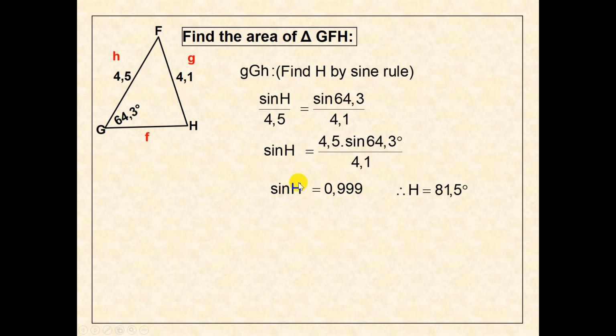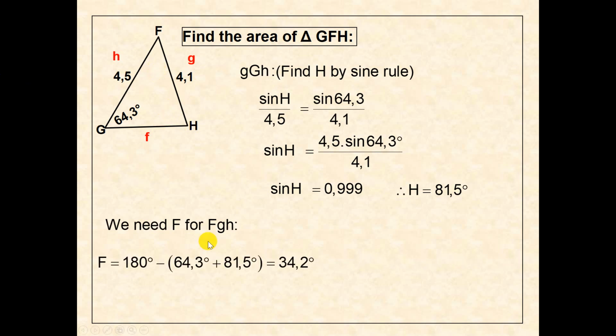To find H, we'll use shift sine 0.999, and that gives us 81.5 degrees. So angle H is 81.5 degrees. Now to find angle F, that's quite simple. We use the angle sum of a triangle, 180 minus 64.3 minus 81.5, and that gives us 34.2.